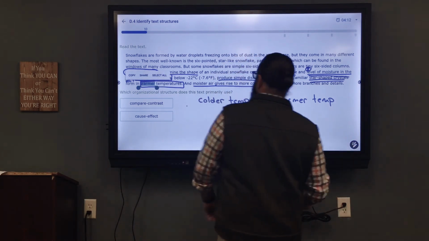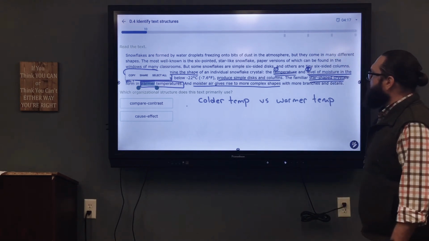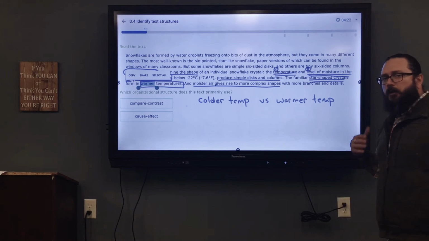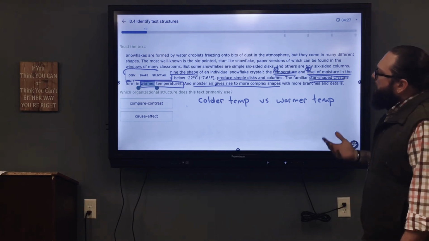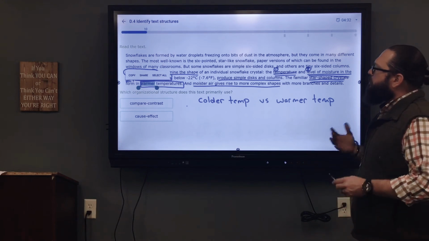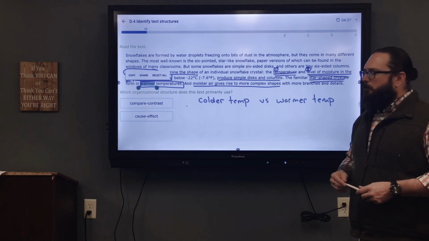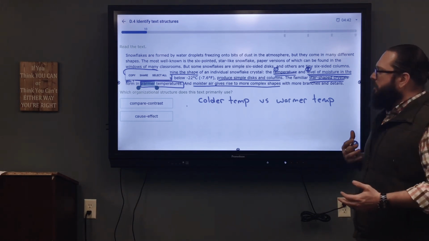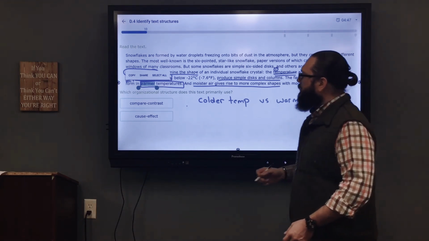So when we have this warm versus cool discussion going on, does that sound like a cause and effect or a compare and contrast? Well, the information shows us the similarities with snowflakes as well as the differences depending on the temperature of the air. Based on this information, we can conclude that the author is using compare and contrast to talk about how snowflakes are formed.